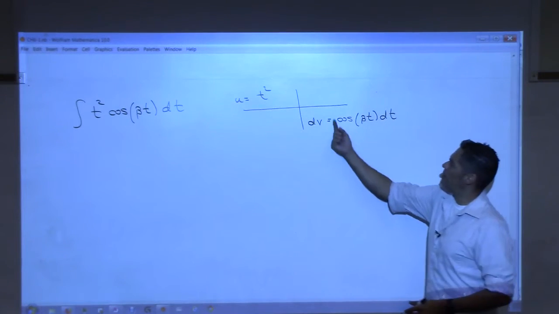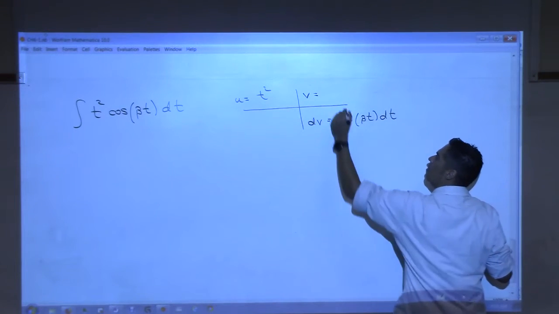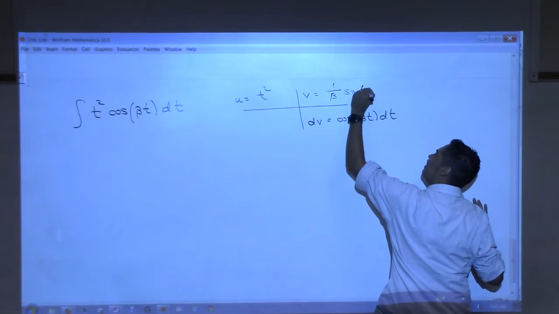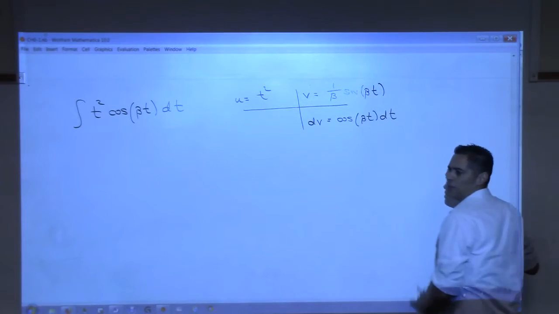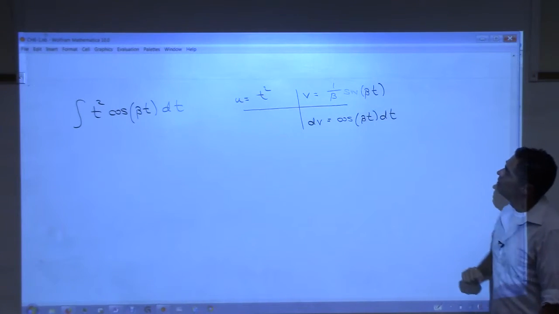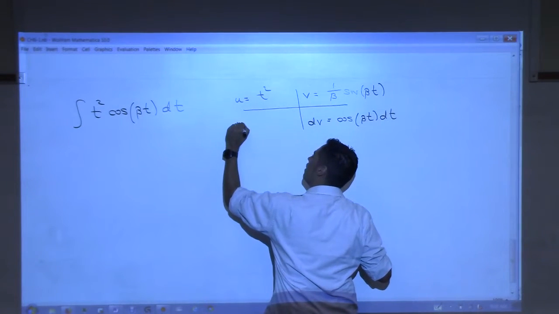So when I go up to v, what do I get? 1 over beta sine beta t. When did I show you that? About 20 minutes ago, right? I showed you how this goes to this, okay? And then coming down on this side, this one's just 2t dt.